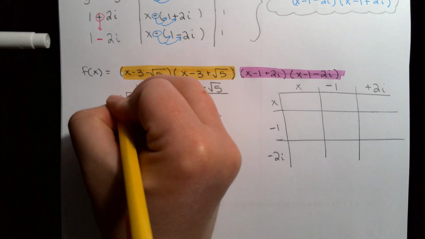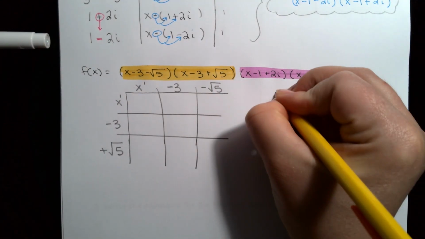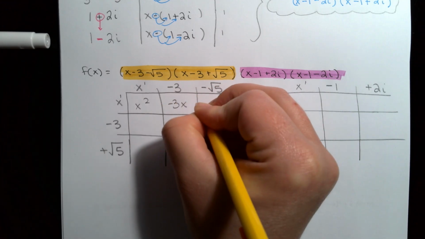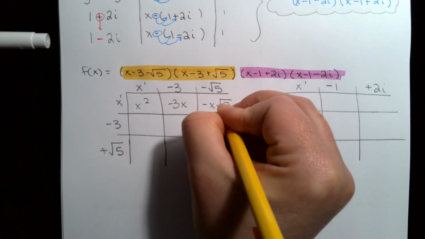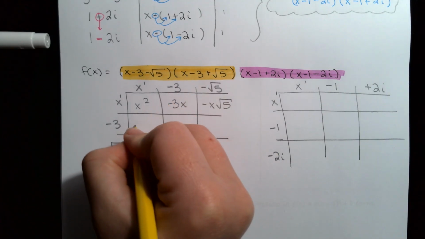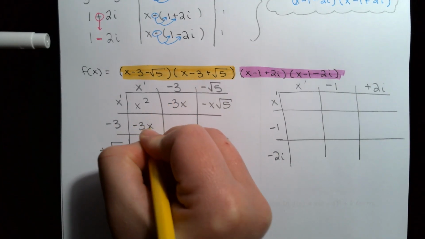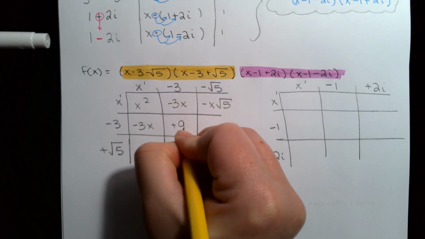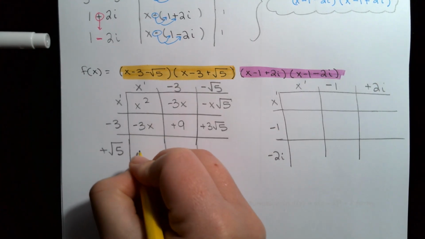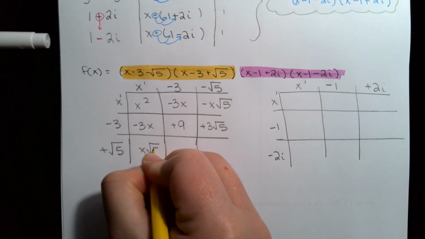Remember, adding exponents here. So we got x squared, negative 3x, negative x root 5. Do not put that x on the inside. It is outside. We cannot go inside a radical. Negative 3x, negative negative is a positive 9, positive 3 root 5. Here we have a positive x root 5.